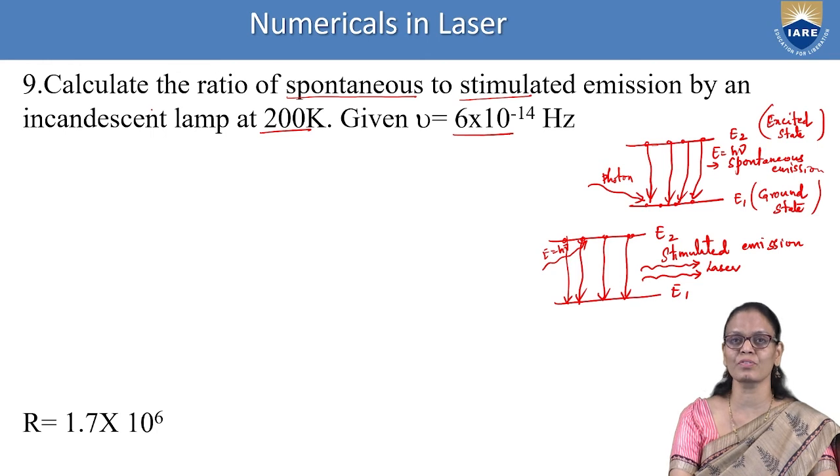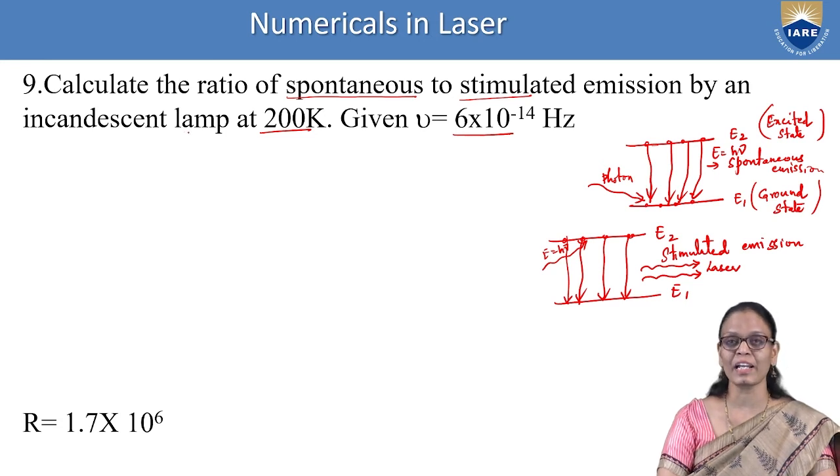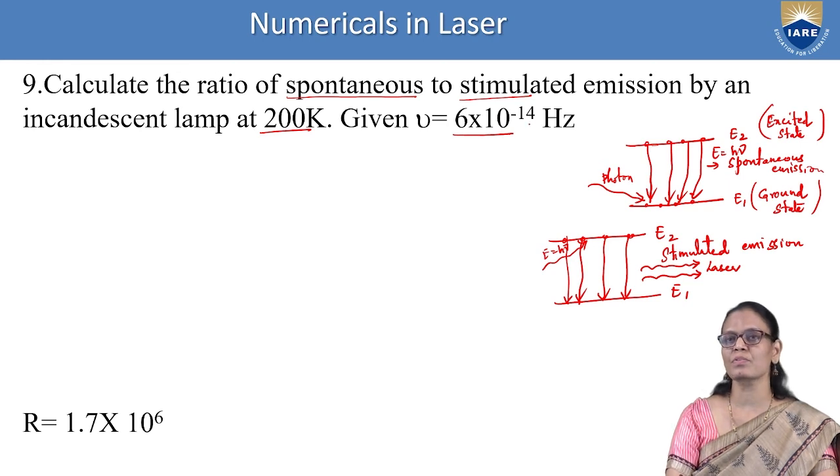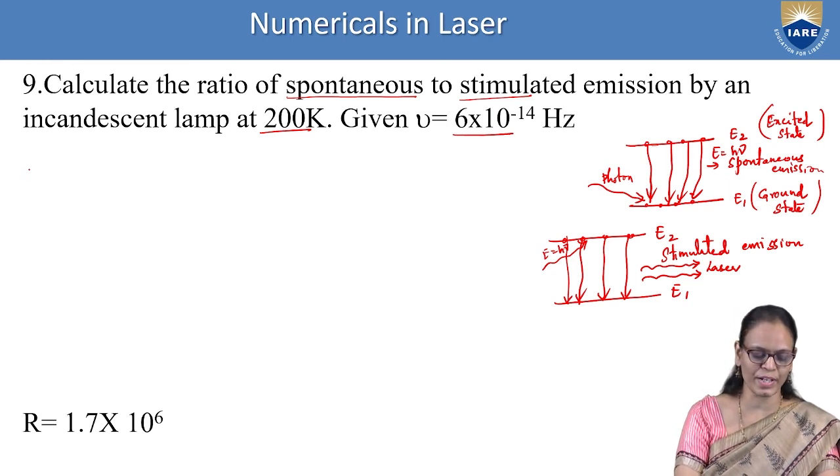What they are asking here is to find the ratio of spontaneous emission to stimulated emission by an incandescent lamp at 200 Kelvin, given the frequency is 6 into 10 power minus 14. So let us write the data and find the ratio.